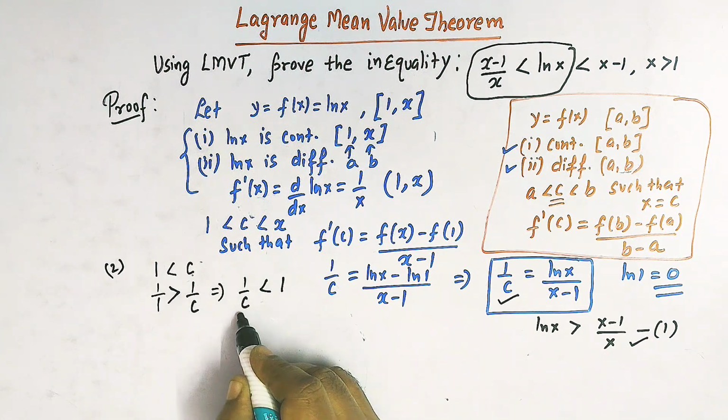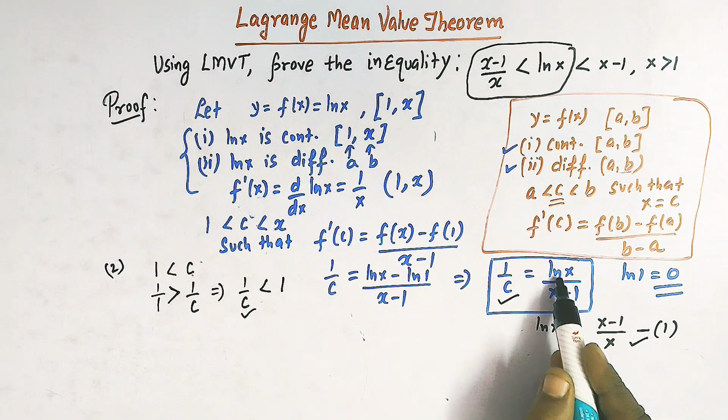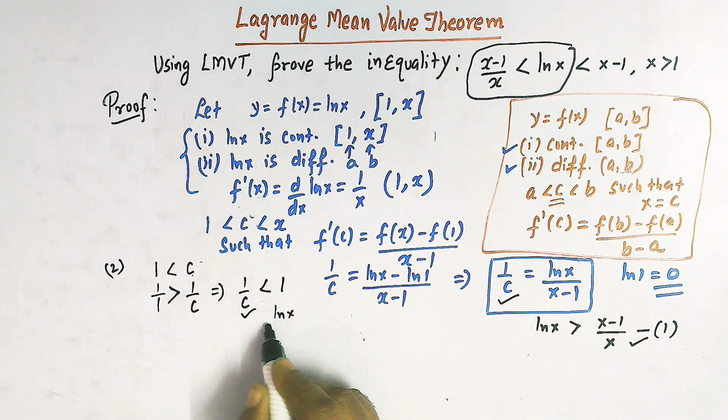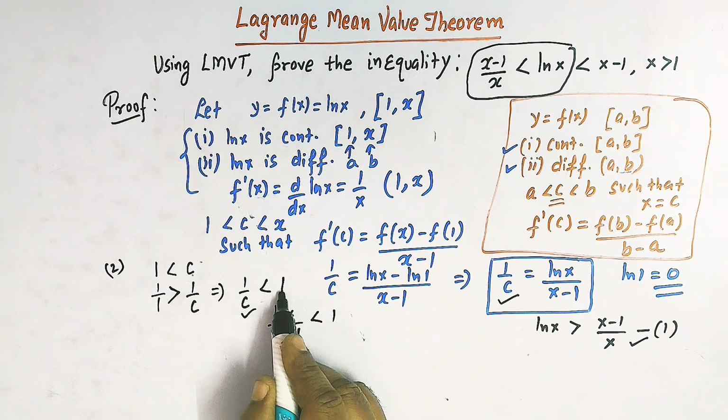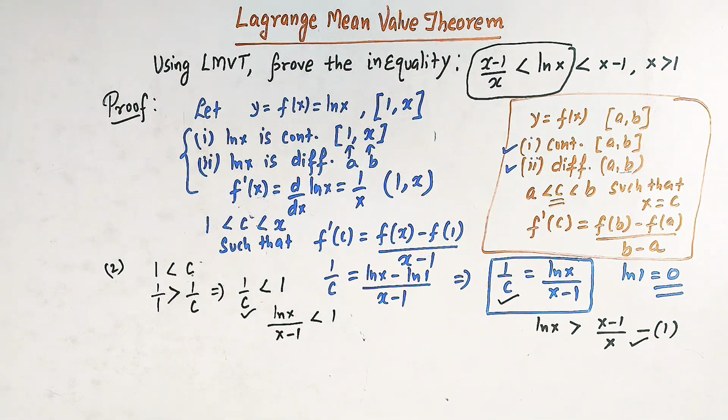Now replacing 1 over c by log of x divided by x minus 1, and this is less than 1. So now we can multiply both sides by x minus 1, and again x is greater than 1, so x minus 1 is going to be positive.